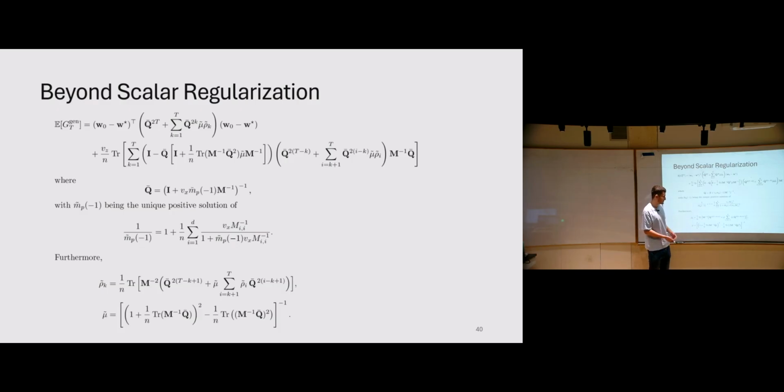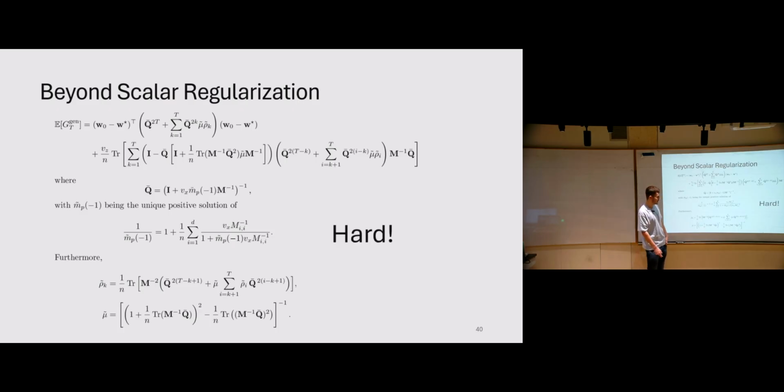But in the general case, we can't have a solution. This expression can be solved numerically though, using any optimizer. And rho tilde here is defined recursively on the other rho tilde. So this expression is very non-trivial, but it provides the exact expression for the behavior using any diagonal regularization matrix.